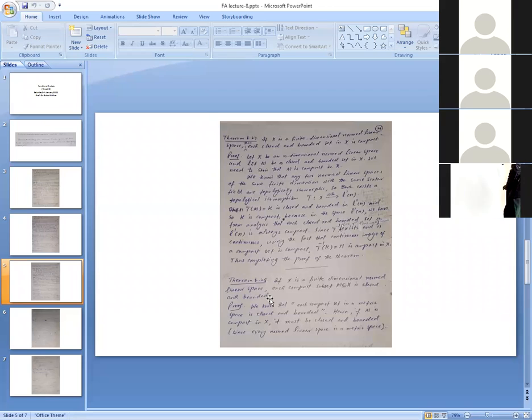The proof is obvious. Why? Because we know that each compact set in a metric space is closed and bounded. Now what is X? X is your nonlinear space, which by one of our previous results is a metric space.